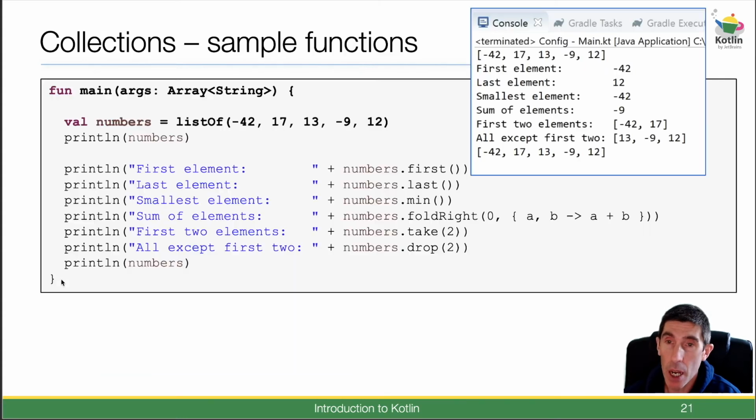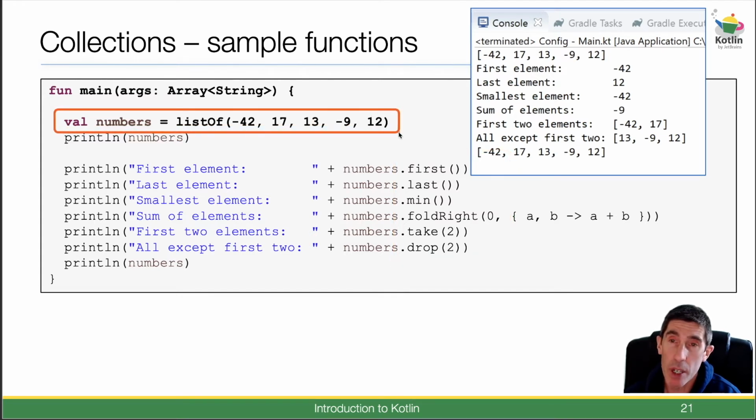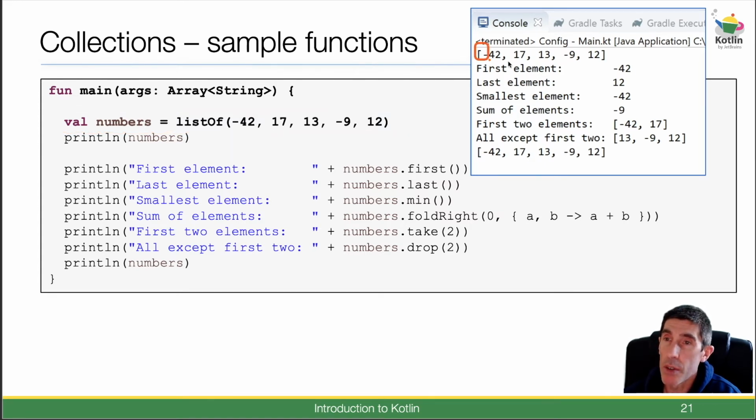Okay. Some other examples here, some sample functions, just to highlight them all for you. We're declaring a numbers variable, creating it as a list, and we simply print out the whole list. That's the first one we get up there. Then we just call some built-in functions on that particular collection.